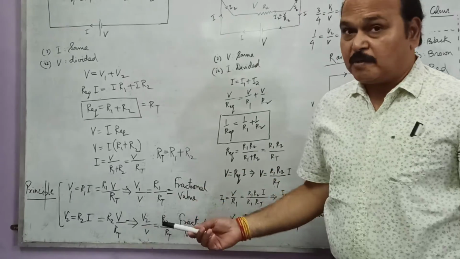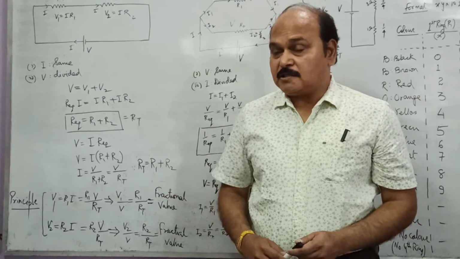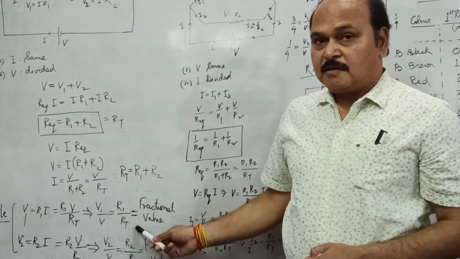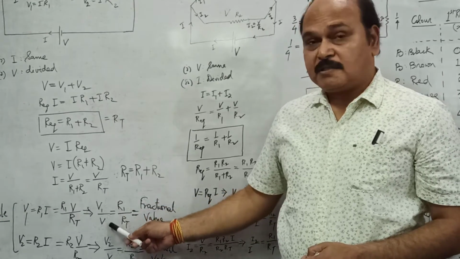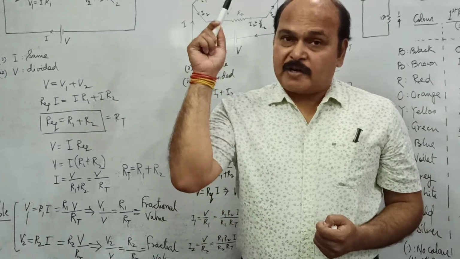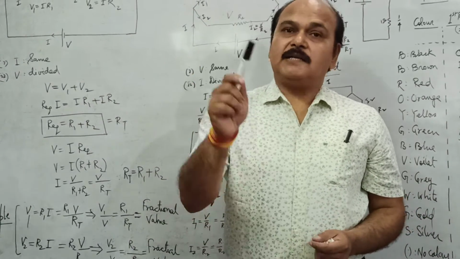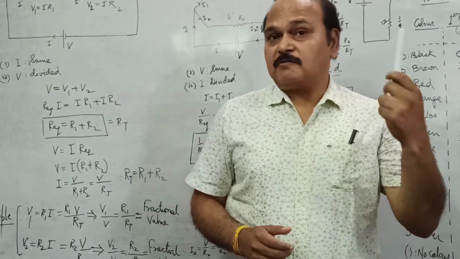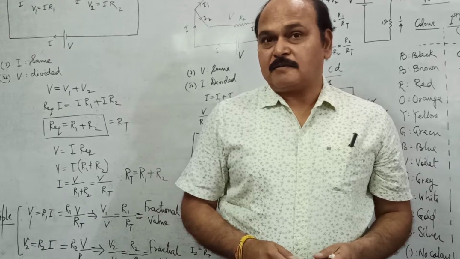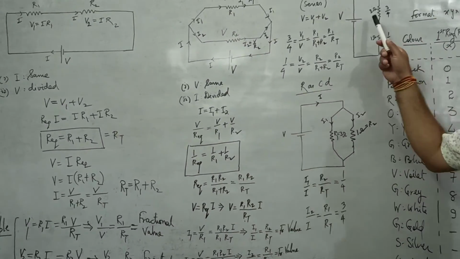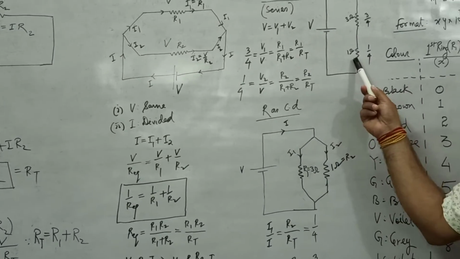So what is this principle? I am stating that principle in words. Listen very carefully. This is the fractional value of resistance R1, and this is the fractional value of voltage across resistance R1. This simply means the fractional value of voltage across any resistance connected in series is same as the fractional value of resistance. Suppose there are two resistances connected in series, like here, 3 ohm and 1 ohm.